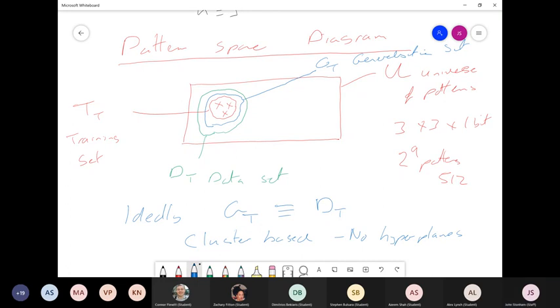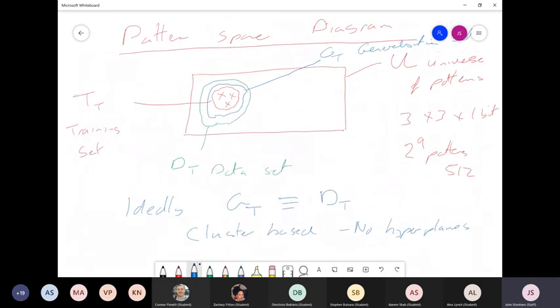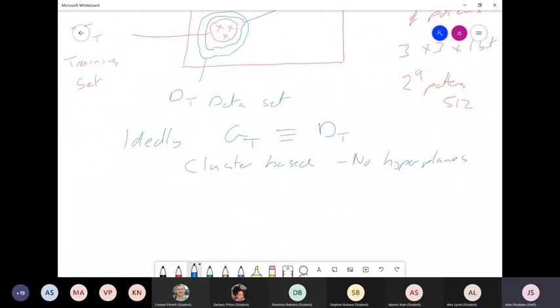So, what are the parameters of, first of all, the universe? Just comment on the universe. Don't be fooled by these simple square boxes. They are big. Three by 3, the number of points in the universe is going to be 2 to the 9, 512.